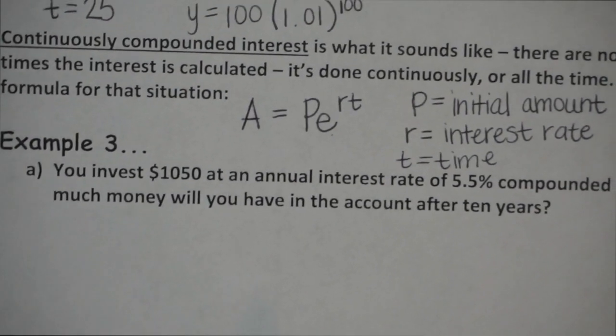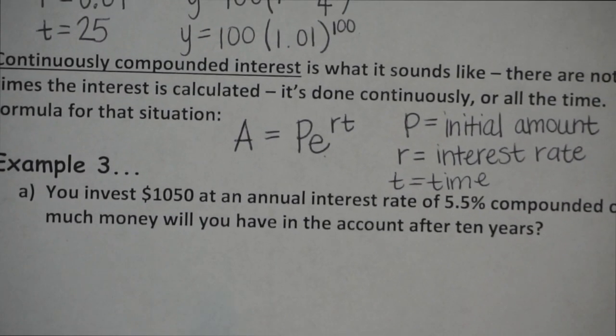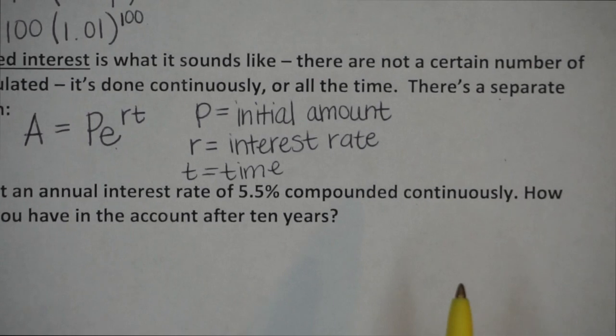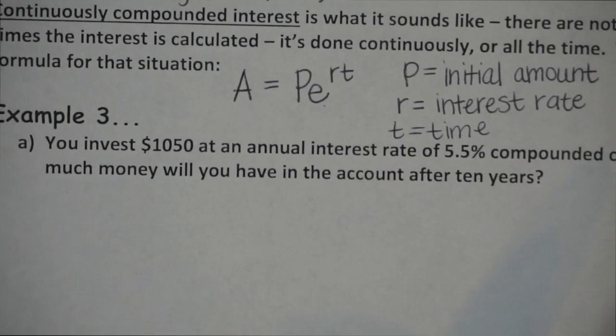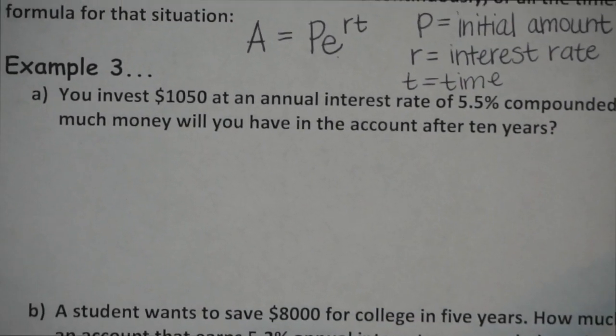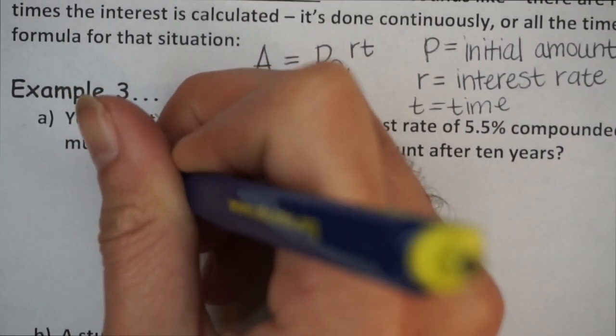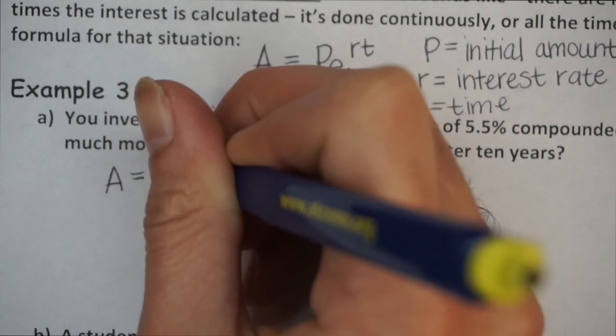All right, so we're going to invest $1,050 at an annual rate of 5.5% compounded continuously. How much money will you have in the account after 10 years? So A is equal to P times E to the RT.